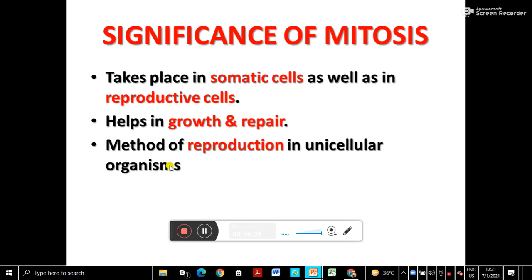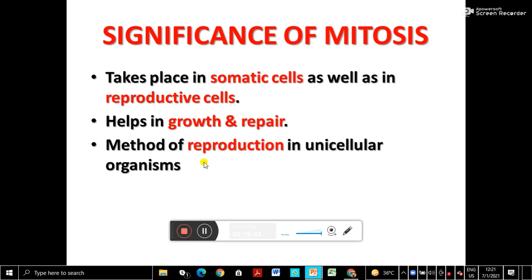For example, an amoeba cell divides means it will form 2 daughter amoebae, or paramecium divides by mitosis, it becomes 2 new or 2 younger paramecium. So for all the unicellular organisms, this is the method of reproduction, and I hope you have understood very well.